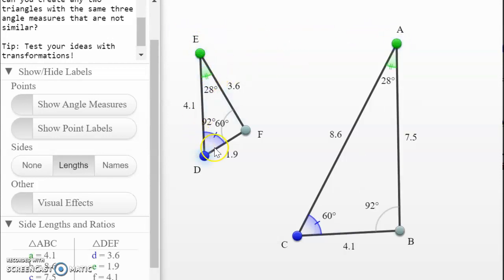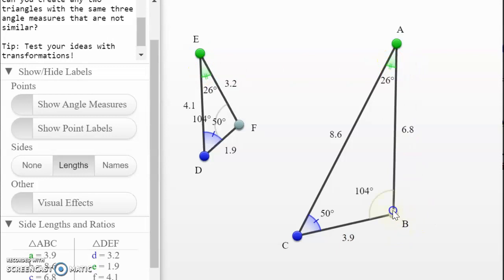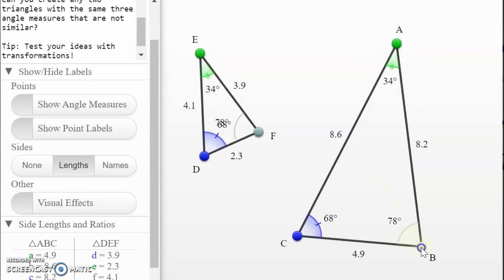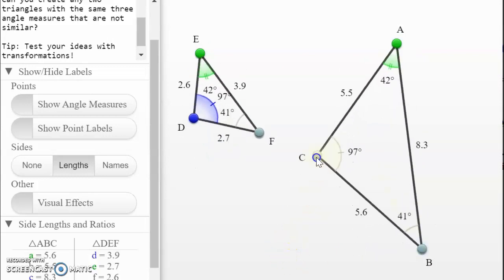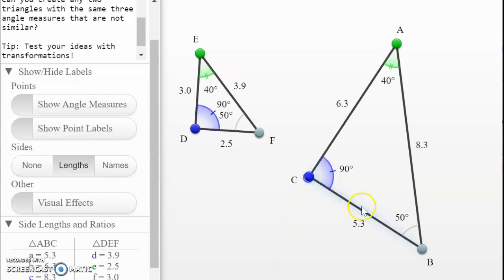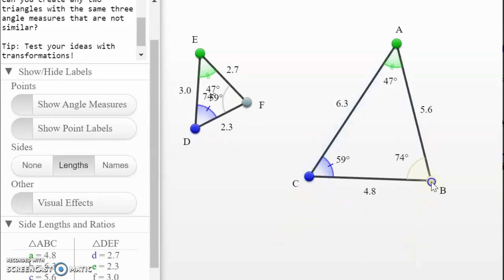That means these two pairs of angles are the same, and this pair is going to be the same. Now you can move this anywhere, you can certainly move the other as well, but the angles are going to be the same.